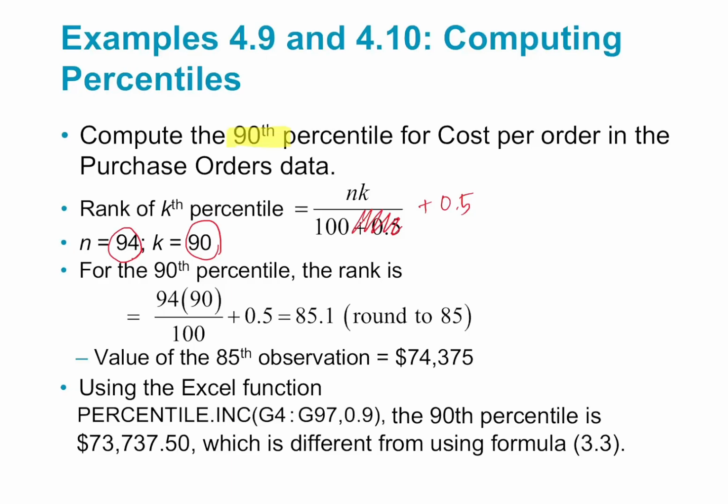And so we plug it into our equation, and that gives us 85.1, which we will round to 85. Then you just find the value of the 85th observation, which is $74,375.